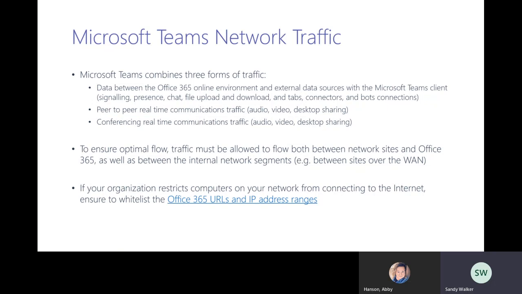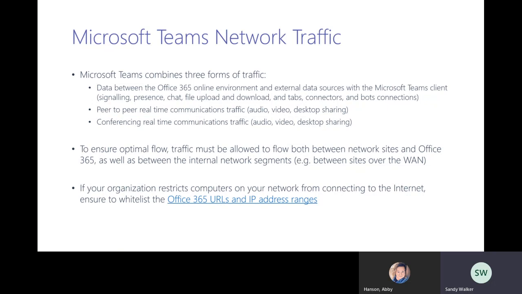But some of the traffic flows go in different directions at different times, depending on the type of flow. What I mean by that is, most of the traffic that goes between the end user and the data center is generally just signaling and presence information and/or physical files that you are connecting to, or if you're sucking information from other sources, such as via your tabs or connectors.